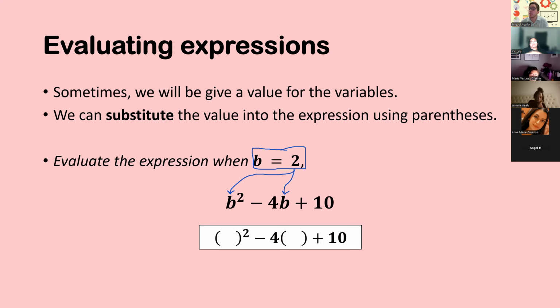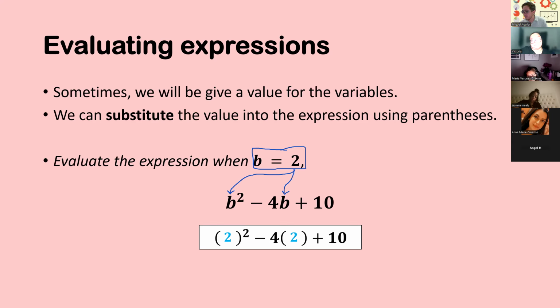And now the variable was a placeholder for what value? Well, in this problem, it's 2. Yeah. So I'm going to plug in a 2 right there. And I'm going to plug in a 2 right there. Okay. Now I say plug in, but you're going to write that down, right? And if you've written it down with the parentheses and then you plugged in the number correctly, then all we need to do is grab our calculator and the calculator will do most of the work for us.